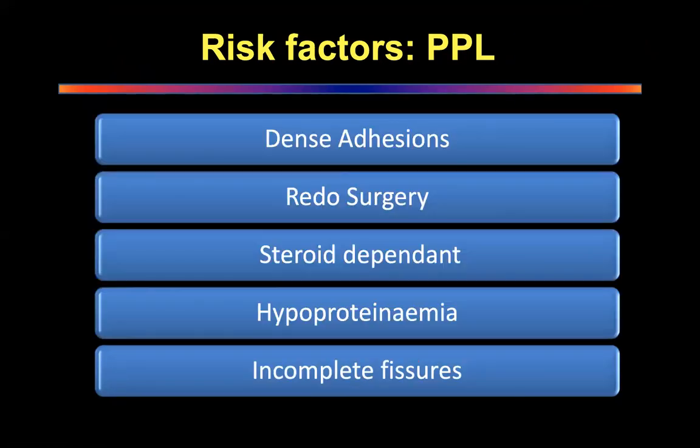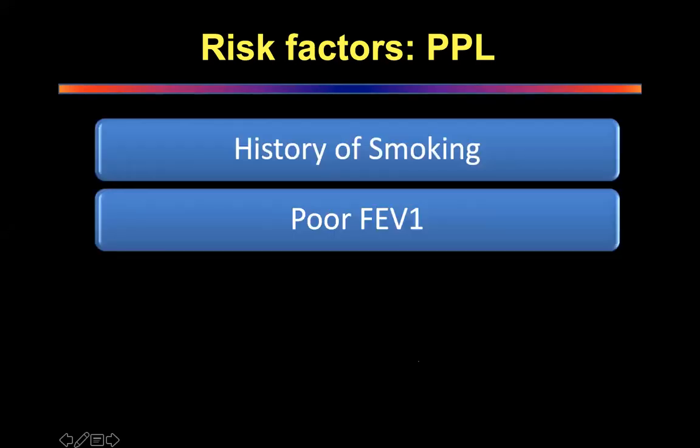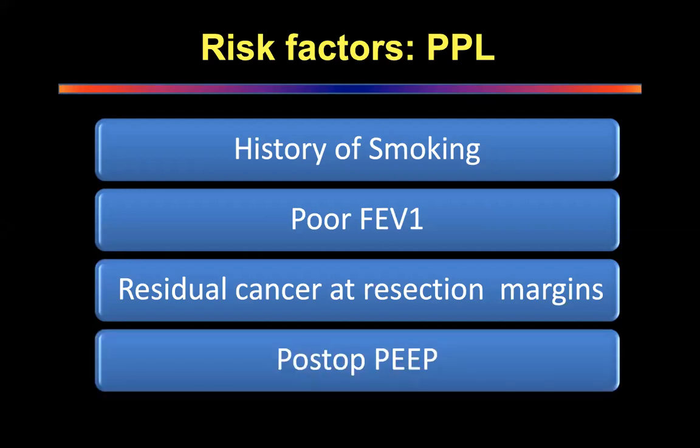Dense adhesions, redo surgery, steroid dependence, hypoproteinemia, incomplete fissures, a history of smoking, poor FEV1, residual cancer at resection margins predisposes to breakdowns, and the use of post-operative PEEP or positive pressure ventilation. Each one of these is a separate paper, and they've all been proven to be risk factors for prolonged air leak.